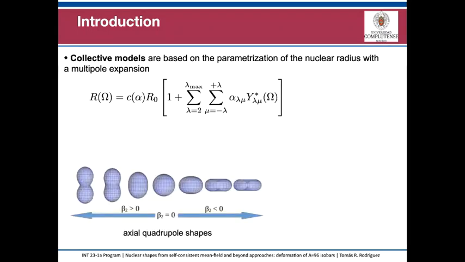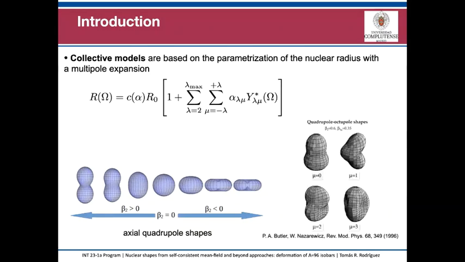Then from here, of course, we know that the lowest order is the quadrupole, and the simplest is the axial quadrupole shapes, and we can have other shapes like these avocado pear-like shapes or these potato shapes or whatever. This is really nice. And then of course this is the fruit fly of nuclear physics, basically.